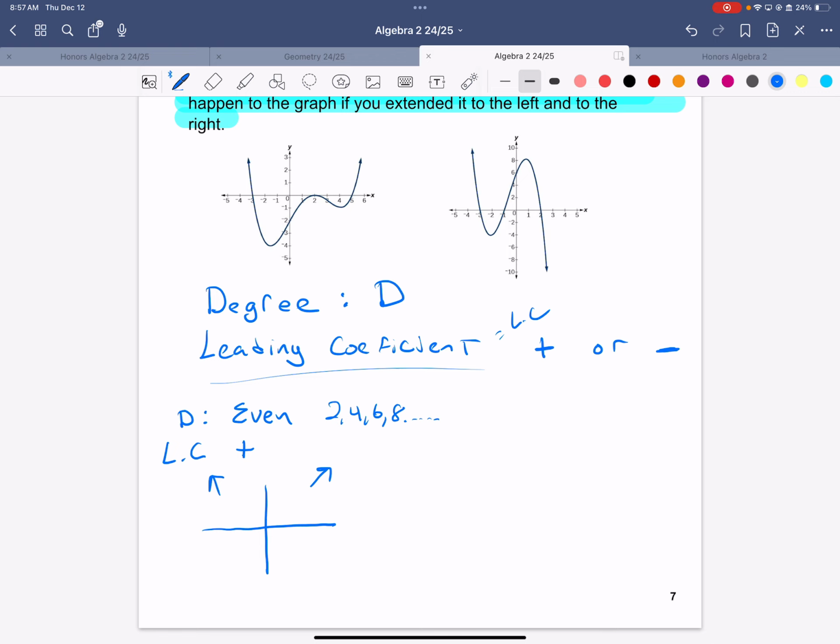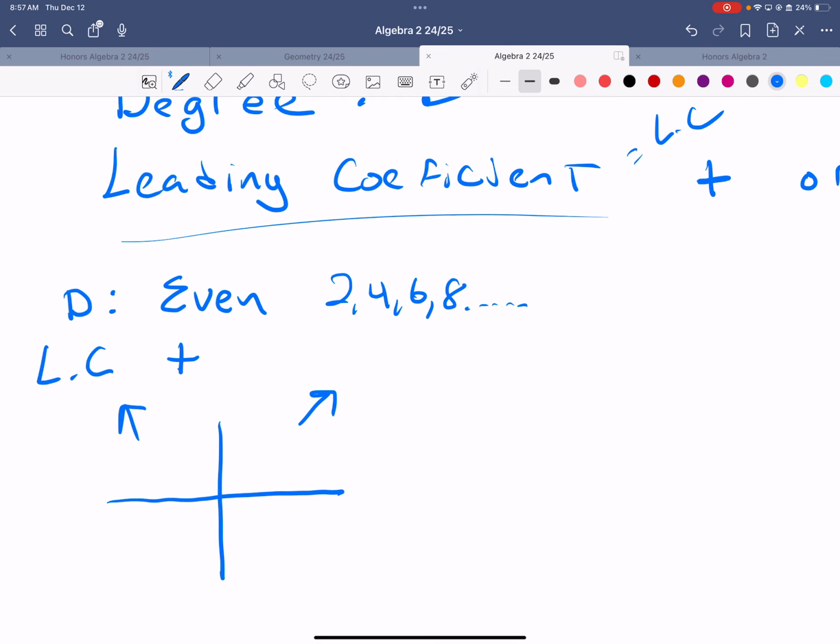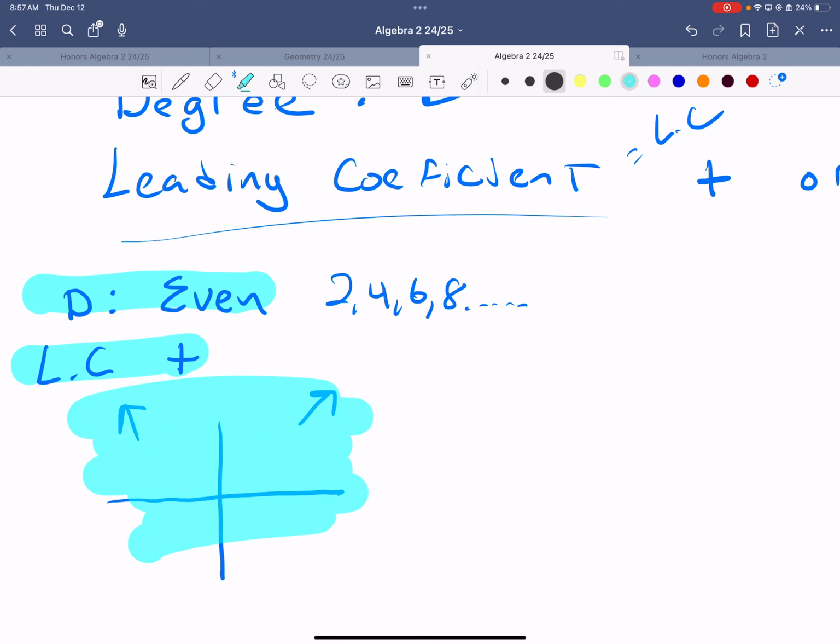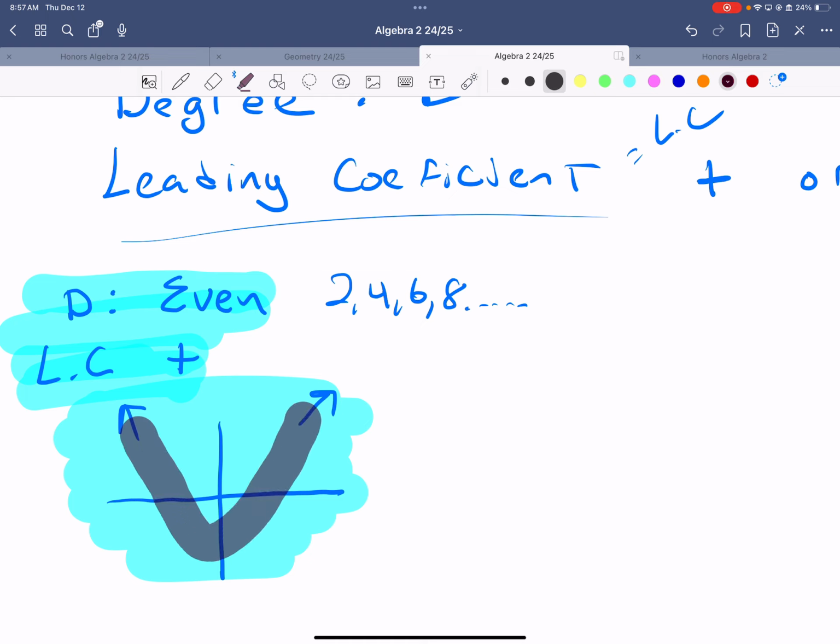In your notes, this right here needs to be in your notes. If it's even and the leading coefficient is positive, that's what the end behaviors of the graph are going to look like.